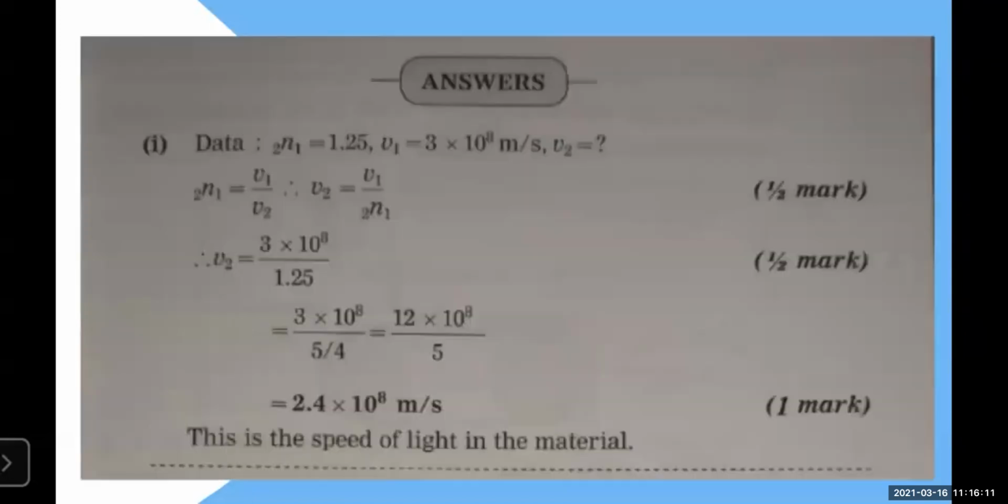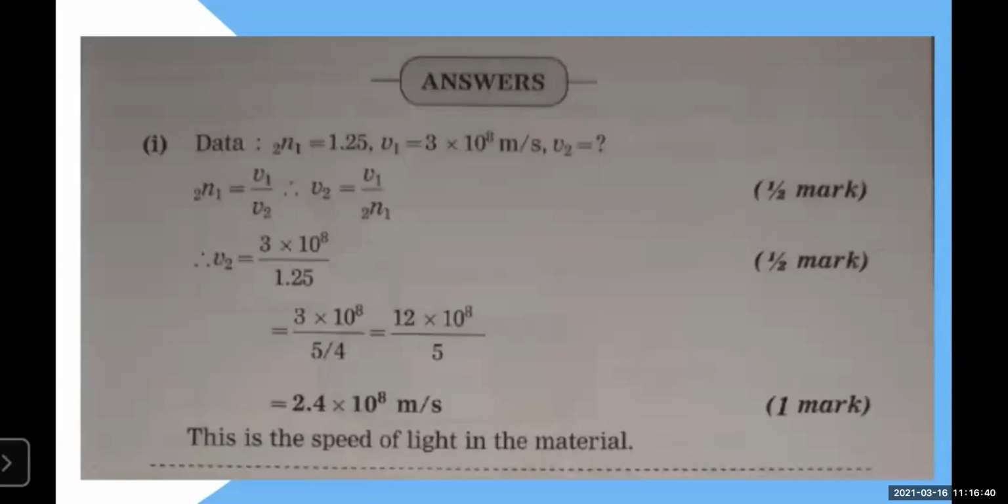See students, you can see how to solve. First of all, you have to write down what is given. You can see N shape, that is refractive index. For writing the refractive index, you have to use this sign like N. 2 to 1 means from second to first medium. What is given? 1.25.